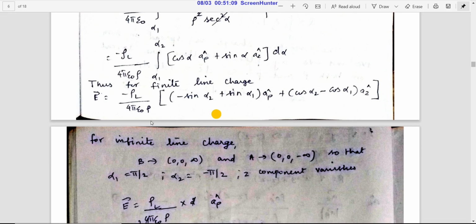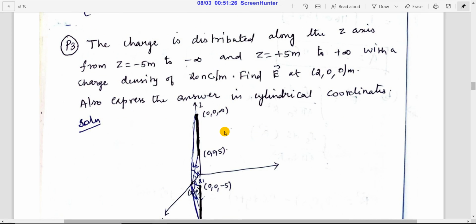We are going to apply that same formula, because that formula has the cylindrical representation of the electric field intensity. But we can find the field due to only one charge distribution at a time. We cannot find the second one directly.